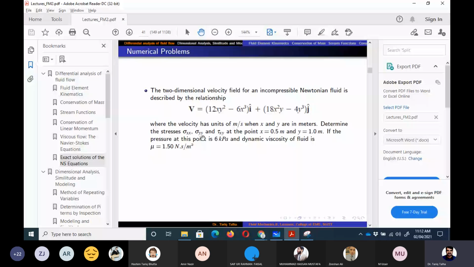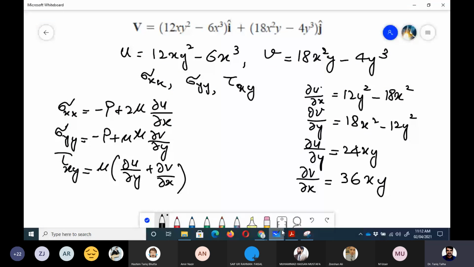Now, because in the problem statement they have said that we need to put x equal to 0.5 meter and y equal to 1 meter, and the pressure value is also given, that is 6,000 Pascal, if we put in the values, we can easily get the result.